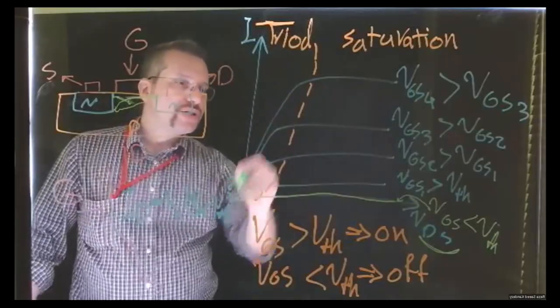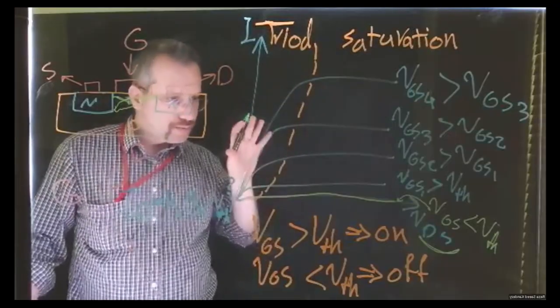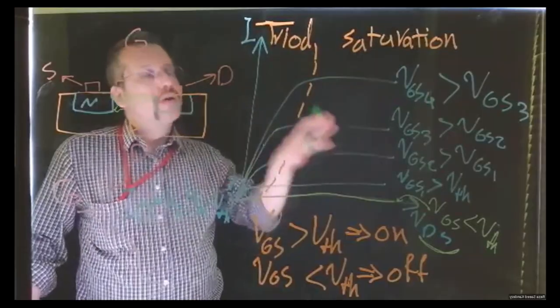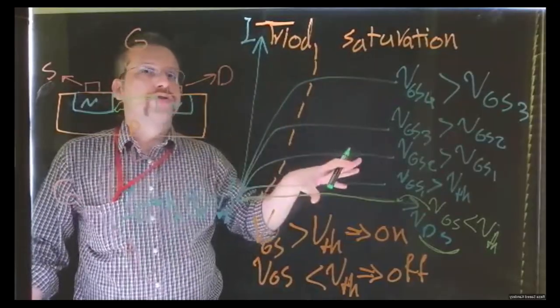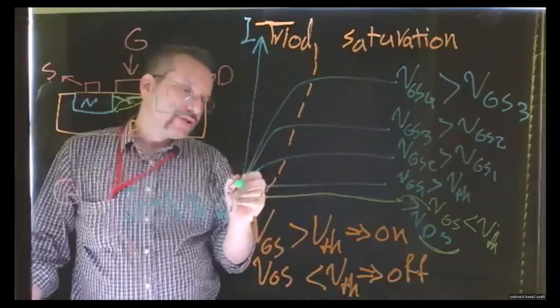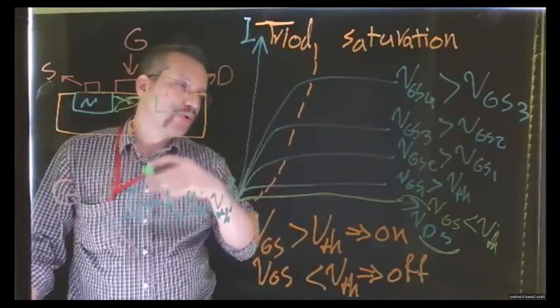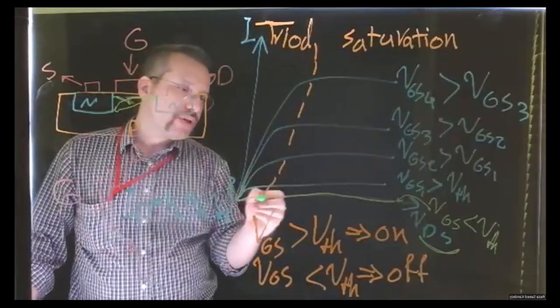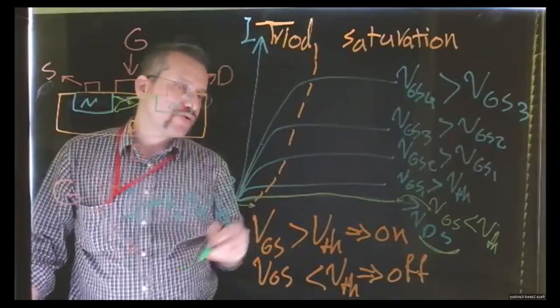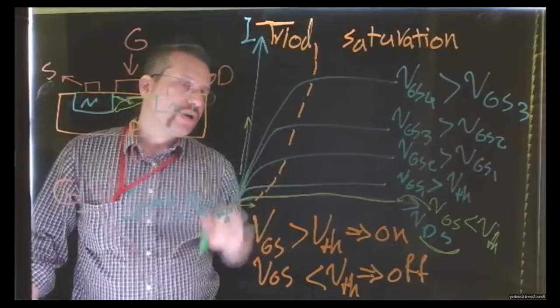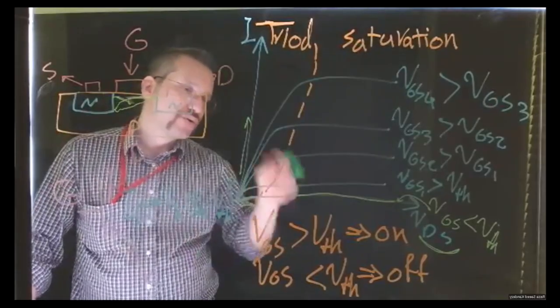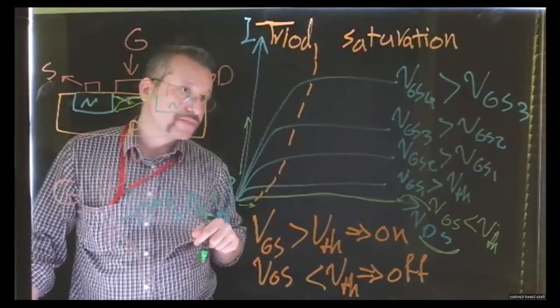You are increasing the amount of charge because you are increasing the pressure applied to those charges, so more charges go through that channel. By increasing the voltage between drain and source, you increase the current passing through that MOSFET.